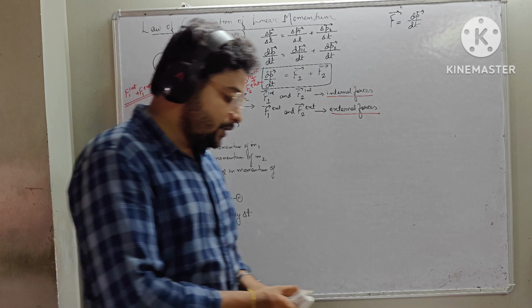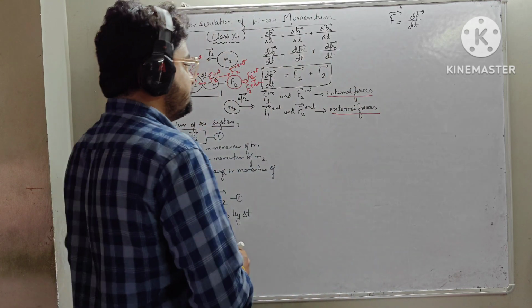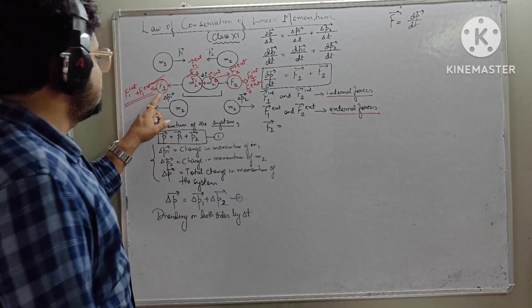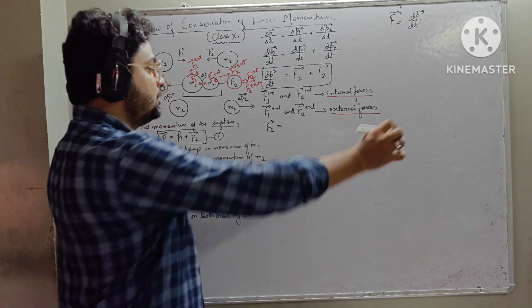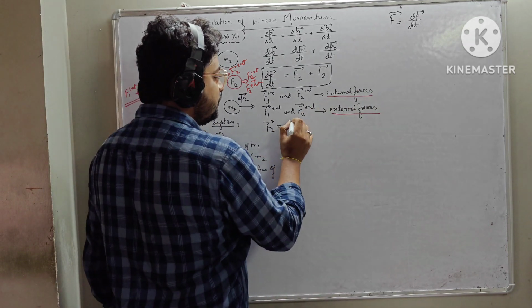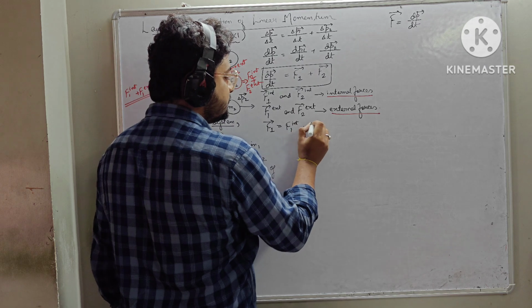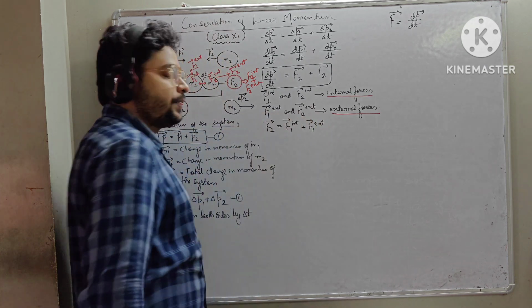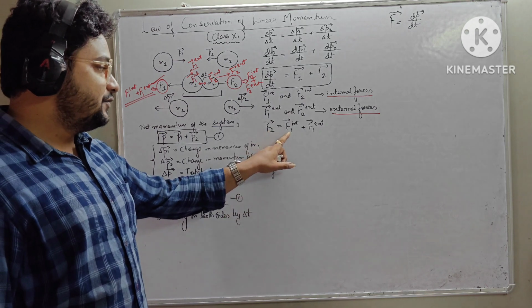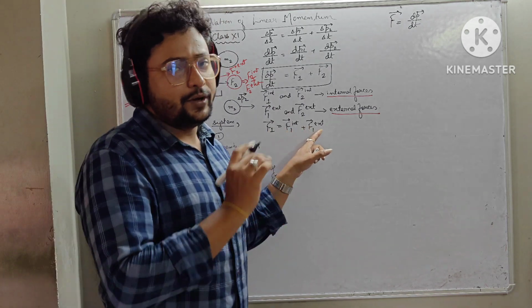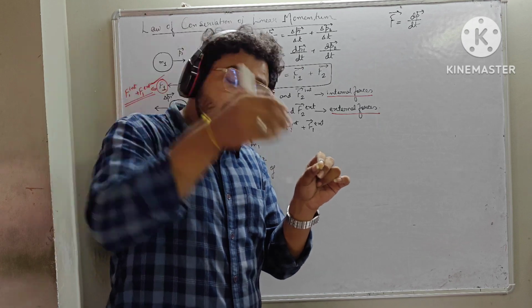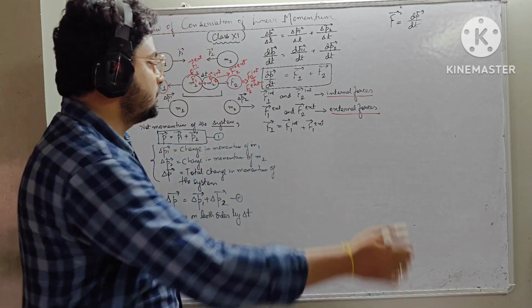Now we can write it this way. F1 is the total force which is acting on M1, so I can write F1 equals F1 internal plus F1 external, the internal force which is acting on M1 and the external force which I have given on M1.